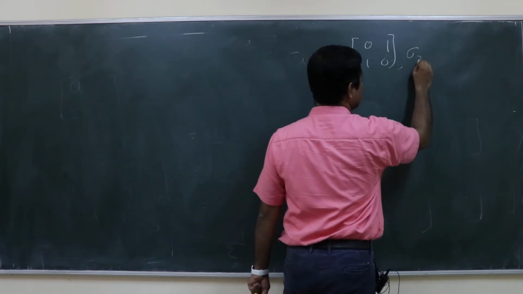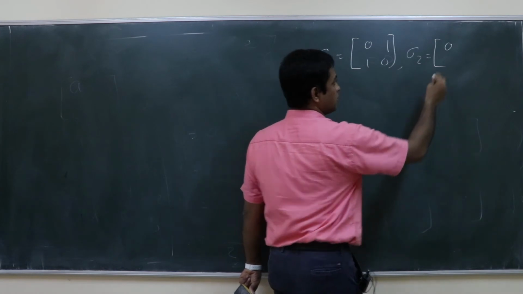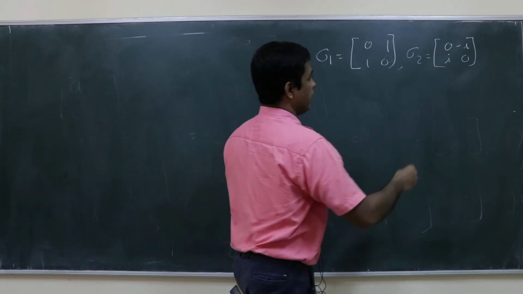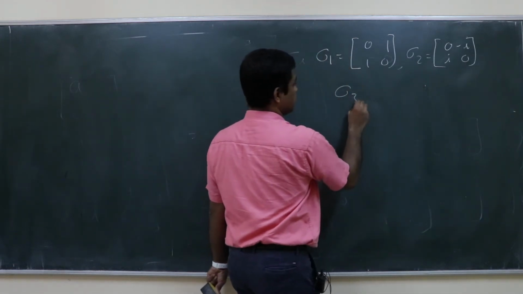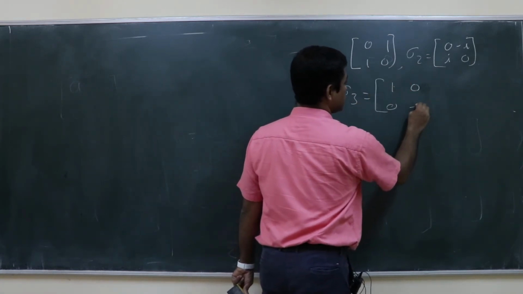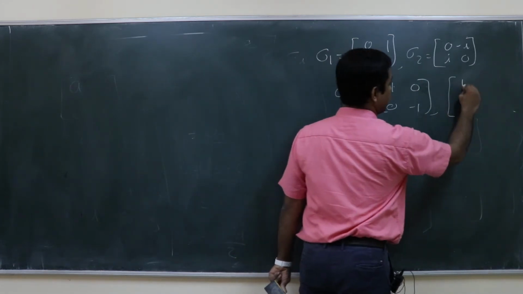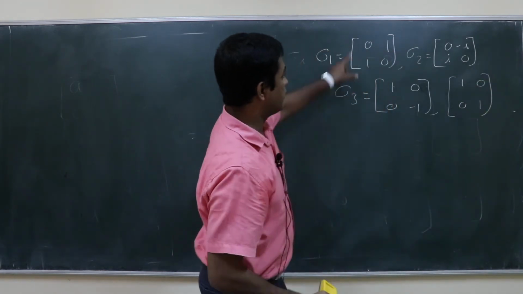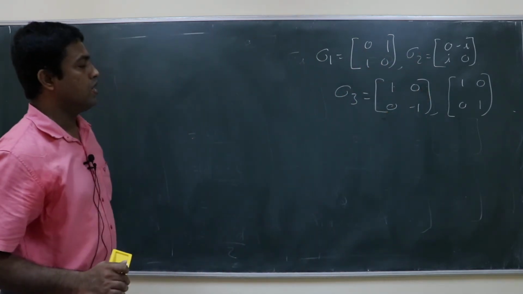Sigma 2 is 0 minus i, i 0. Sigma 3 is 1 0 0 minus 1, and the identity matrix is 1 0 0 1. This one, the identity, is not traceless. All the other ones are traceless. The trace is 0 for each of them.